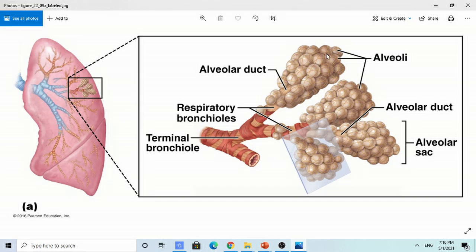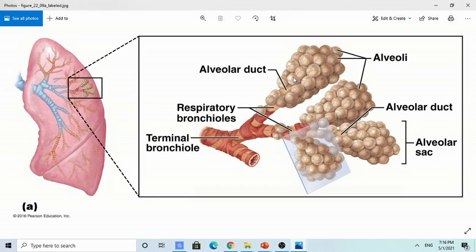which are surrounded by capillaries. The capillaries are final branches of the pulmonary artery, which bring deoxygenated blood, meaning saturated with carbon dioxide but depleted of oxygen, from the heart to the lungs.